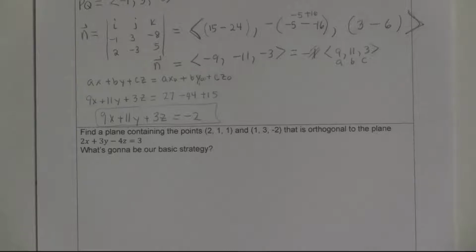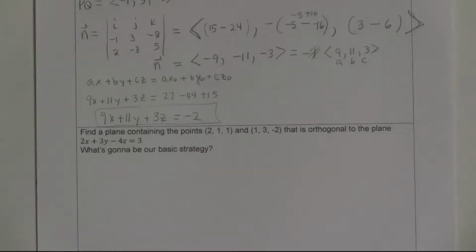And so what we need in order to come up with a plane is we need a point, right? And we need a normal. So for a plane, we need a normal vector and a point on that plane. And we've already been given the point on that plane. And we also need the vector that's normal.